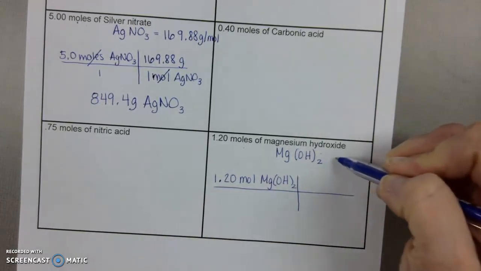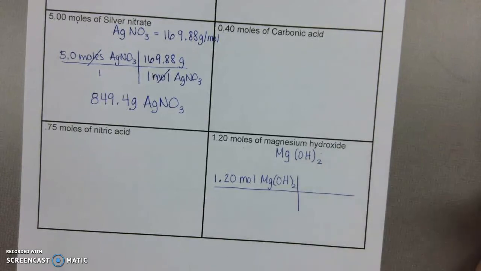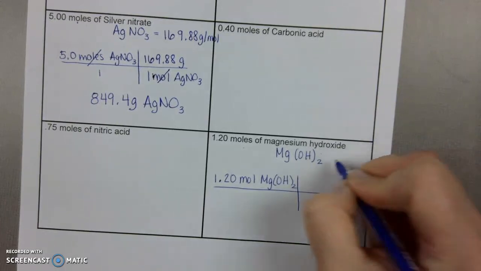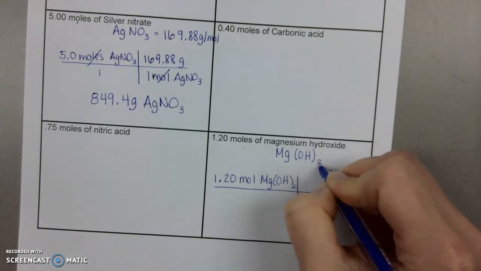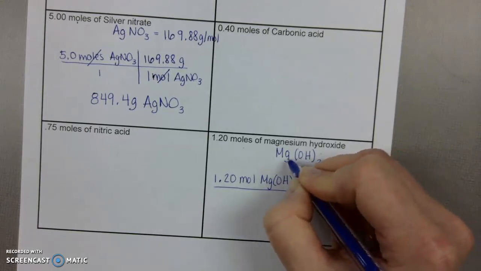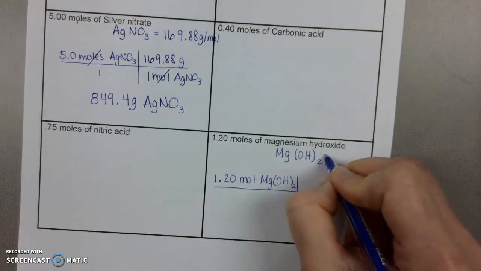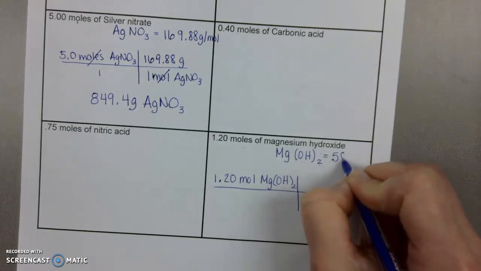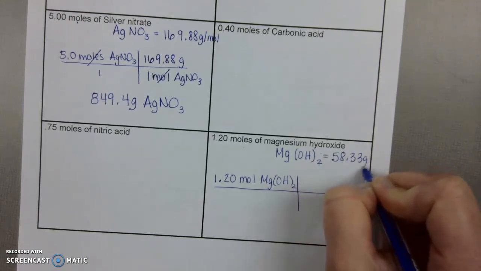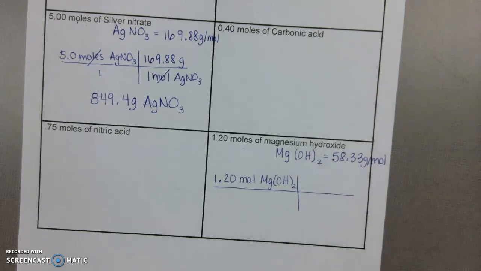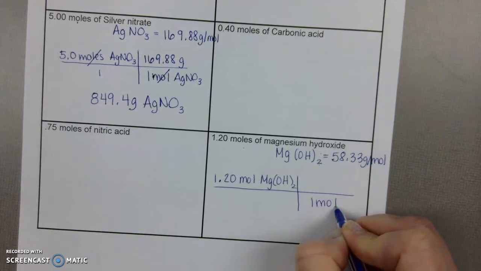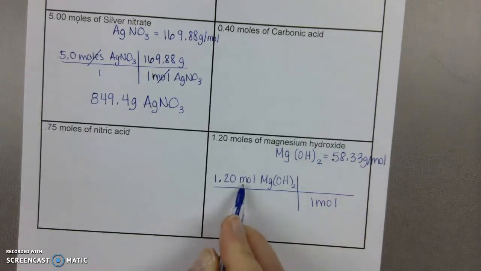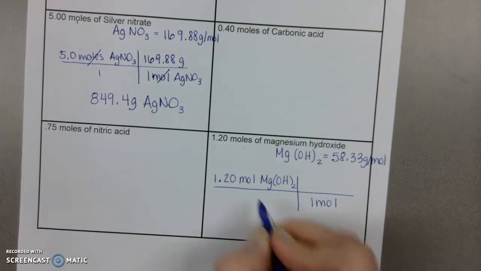We can first calculate our molar mass before I go any further. So magnesium hydroxide, this 2 gets distributed to hydrogen and oxygen, and magnesium, I have 1 of that. The molar mass is 58.33 grams per mole. I'll then place the 1 mole on the bottom of magnesium hydroxide because I have moles on top and I need to cancel that.